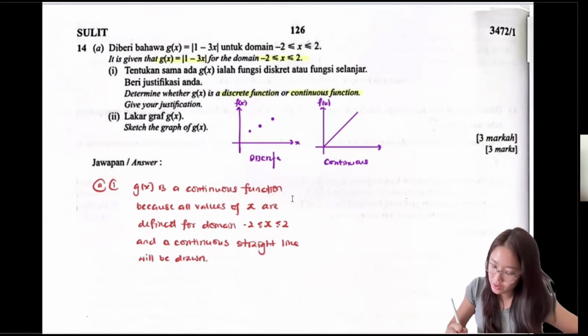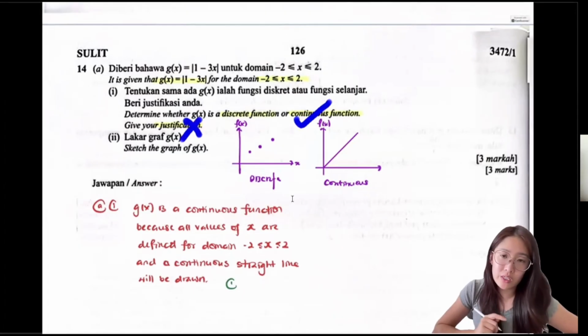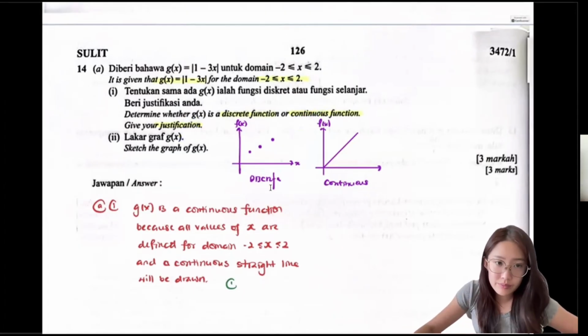One mark. This is a theory question. They ask you to give justification. So if you say continuous function but do not give a justification, they will not give you that mark.